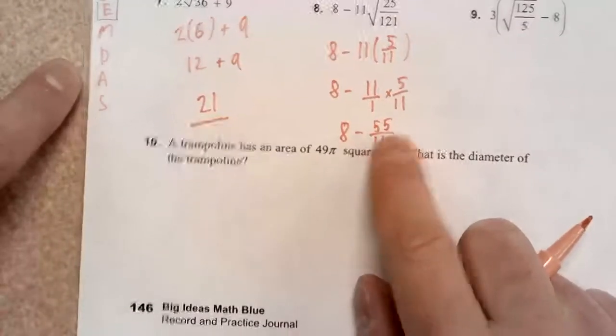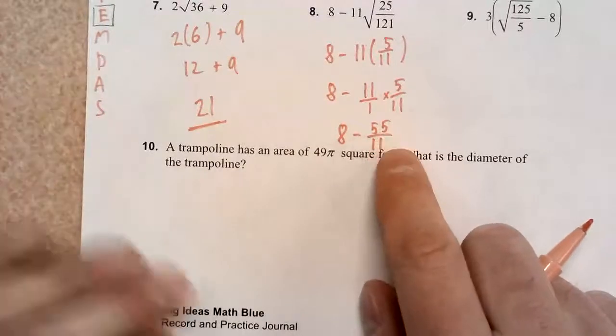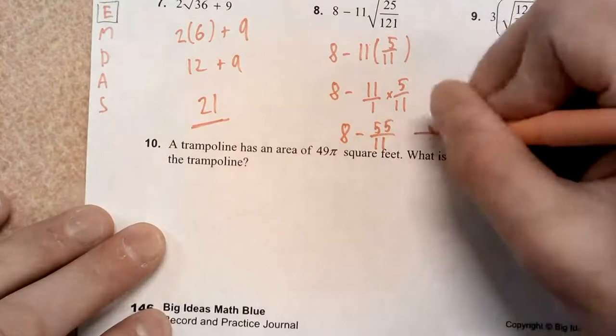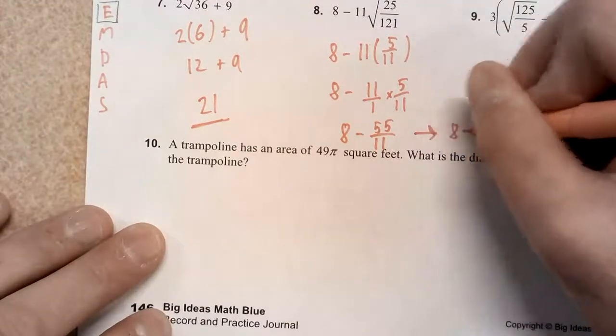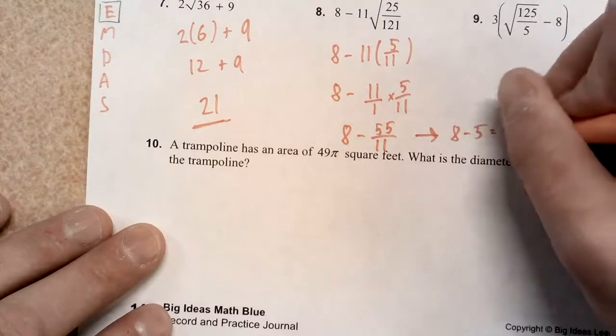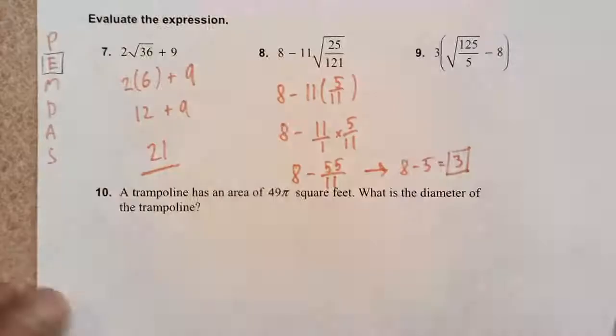And now I need to take care of this fraction. I need to reduce it. Also, it's the same thing as a division problem. 55 divided by 11 is 5. So if I move over here, this is just 8 minus 5, which is 3. The answer to number 8 was 3.